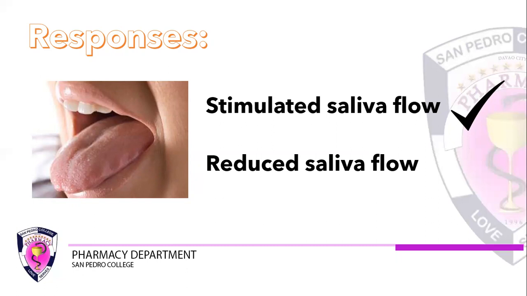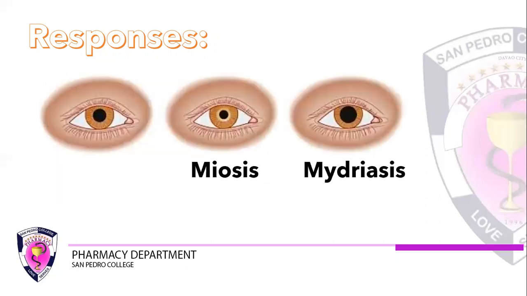During eating, during digestion, increased secretion. Another, in terms of your pupils, will it dilate or would it constrict? Meiosis or mydriasis. For the parasympathetic division, when it is activated, your pupils would constrict, meiosis.